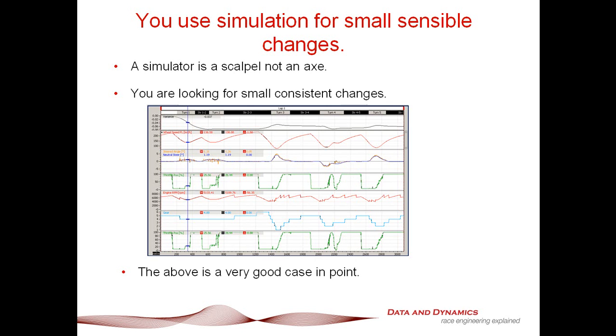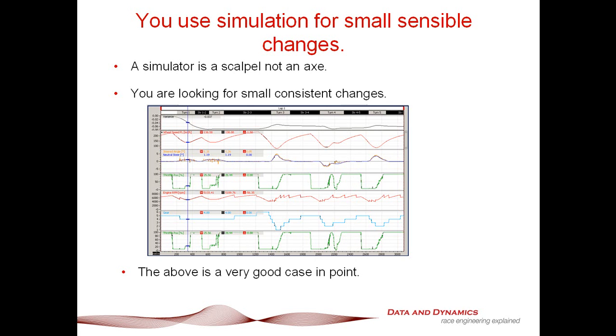You've taken it out of the zone you've just modeled into a totally different area, so consequently you're just guessing. So when you're using the simulator, use it like a scalpel. You're doing it with small, sensible changes around those setup variables that you play with.